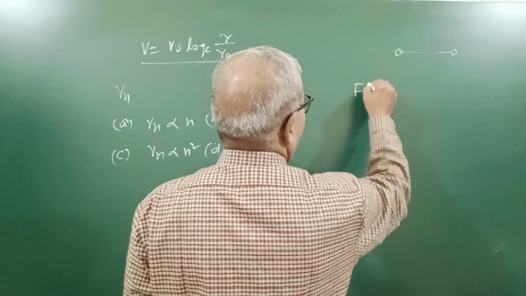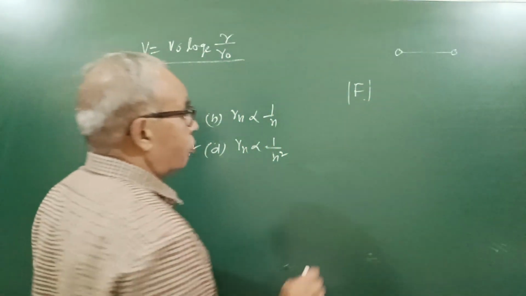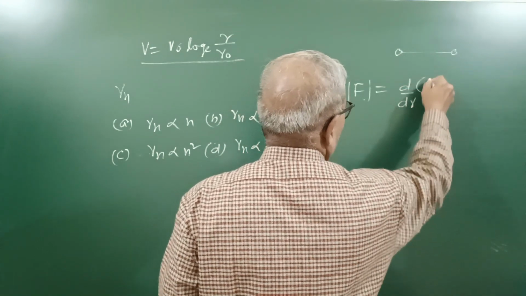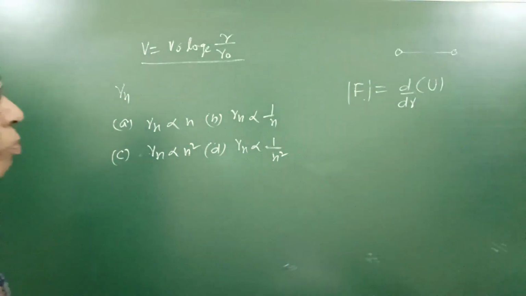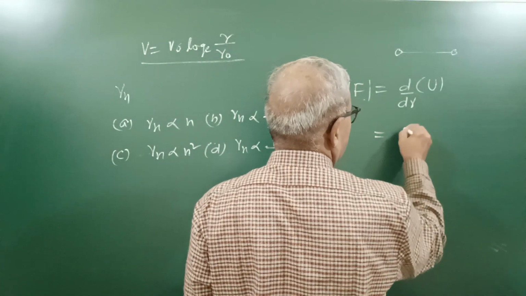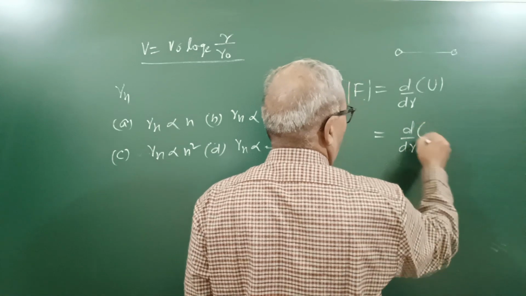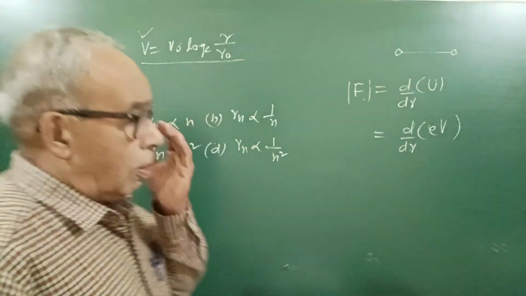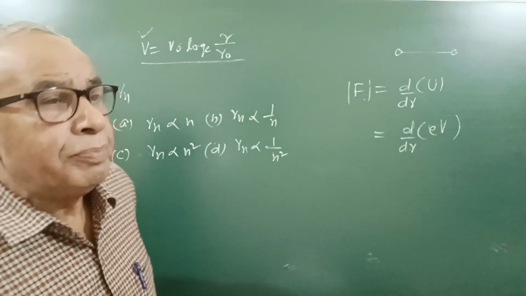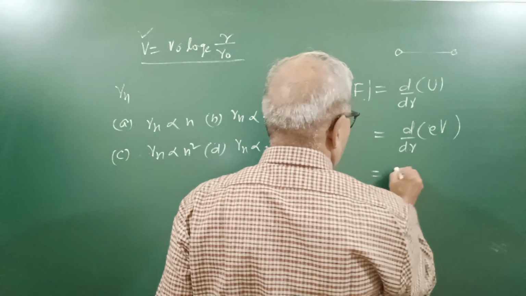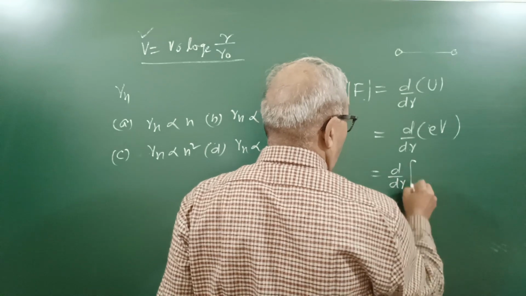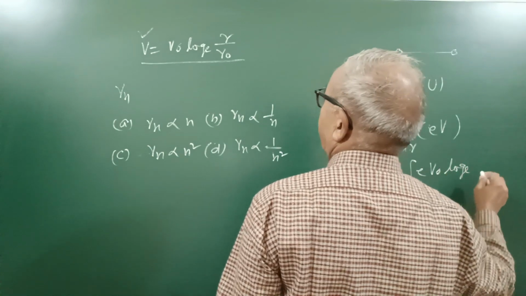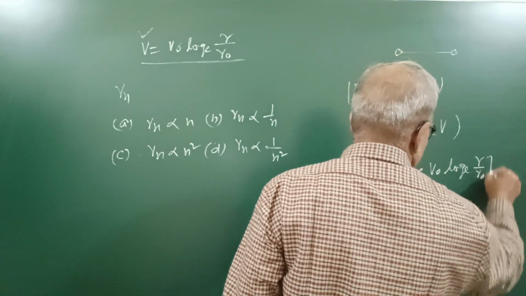The magnitude of this force is equal to d upon dr of U, where U means potential energy, which is d upon dr of eV, the potential difference multiplied by charge, equal to eV0 log base e of r upon r0.